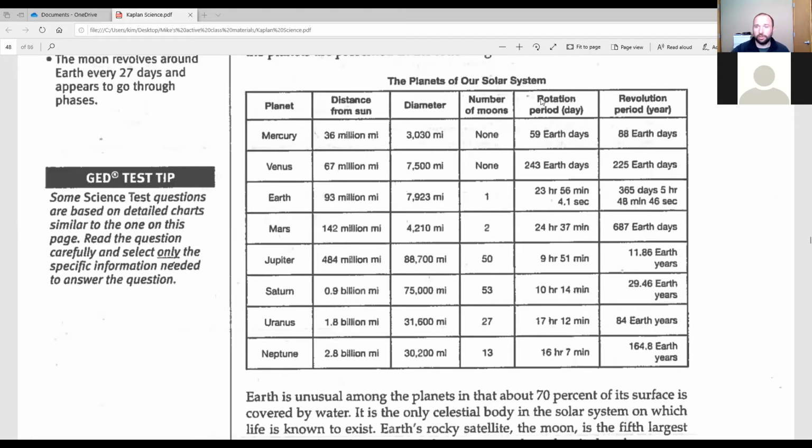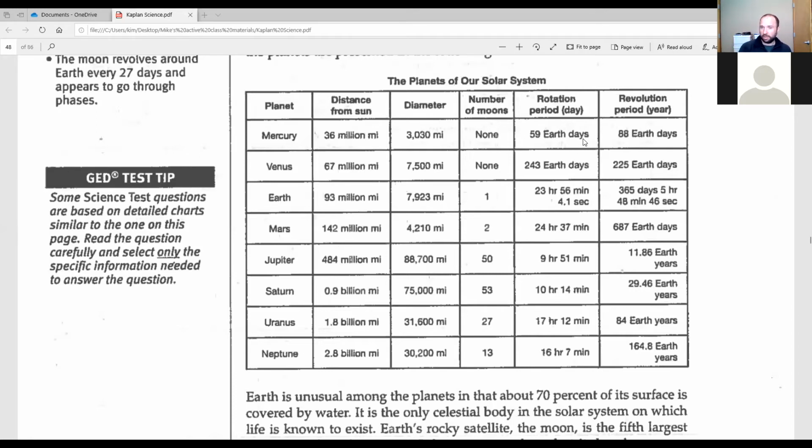Now, this is interesting. So notice Mercury's rotation period, or a day on Mercury. In other words, a cycle through daytime and nighttime, back to daytime, would take 59 of our Earth days. So even though Mercury is very close to the sun, it's spinning very slowly around its axis.